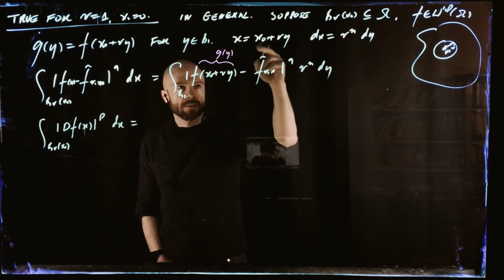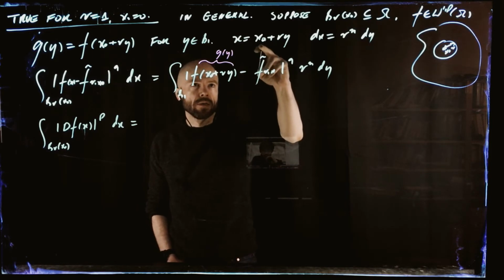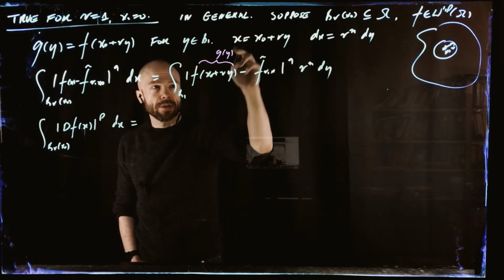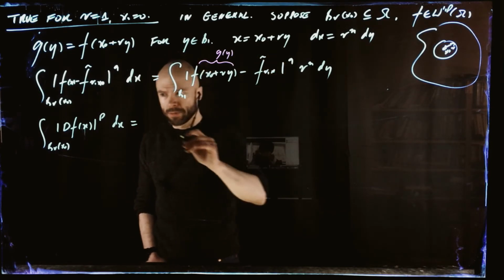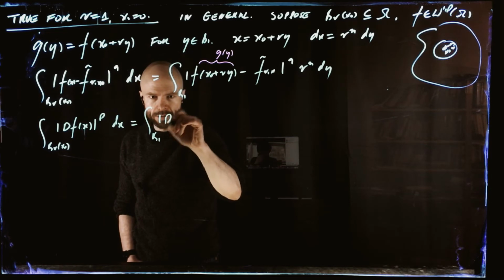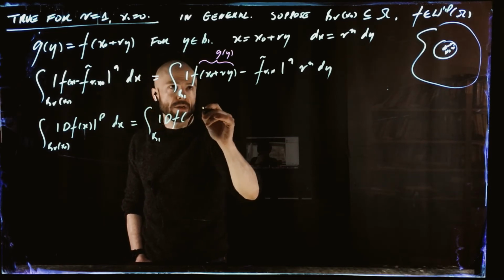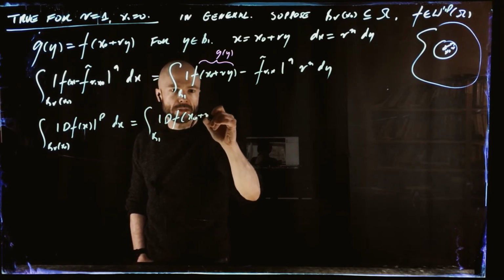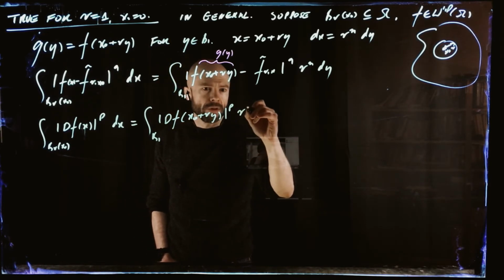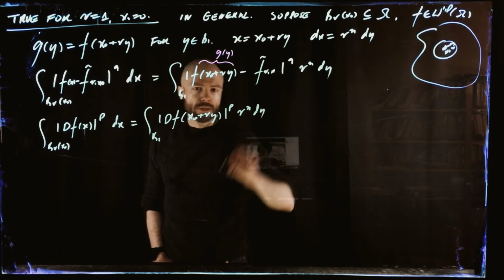Let's replace x by x0 plus r times y, and then this is the integral on the ball of radius 1 around 0 of the gradient of f of x0 plus r times y, like this, to the p, and then we have r to the n dy.